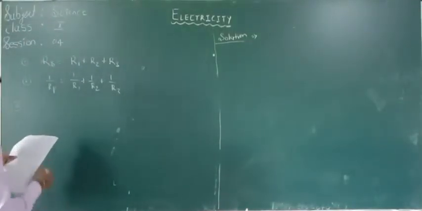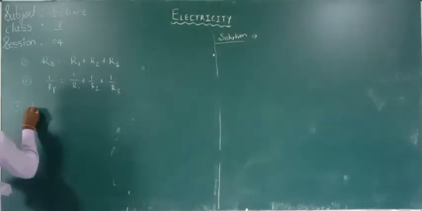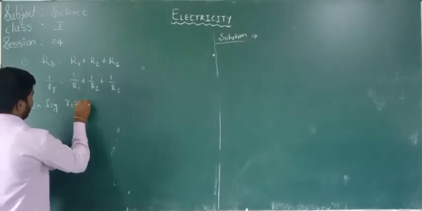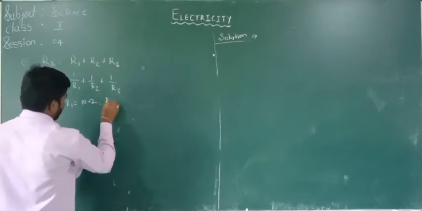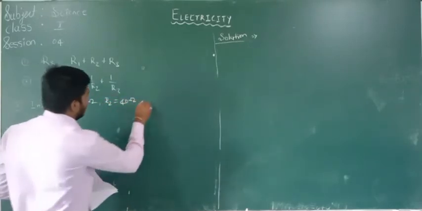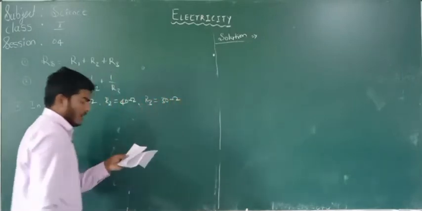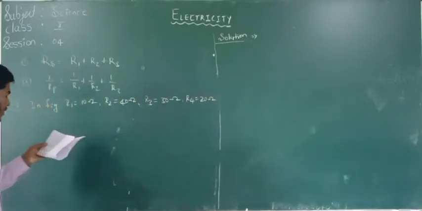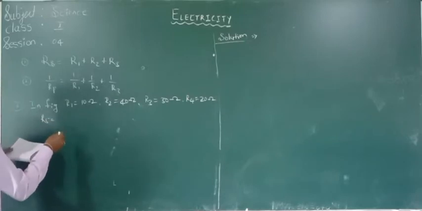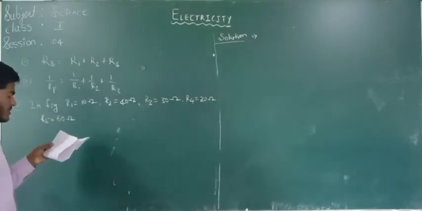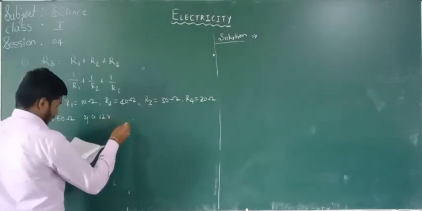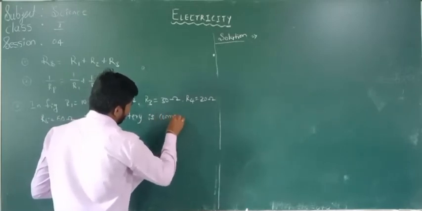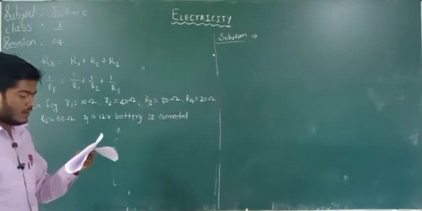Third example. In the figure, R1 is equal to 10 ohm, R2 is equal to 40 ohm, R3 is equal to 30 ohm, R4 is equal to 20 ohm, R5 is equal to 60 ohms, and a 12 volt battery is connected to the arrangement.